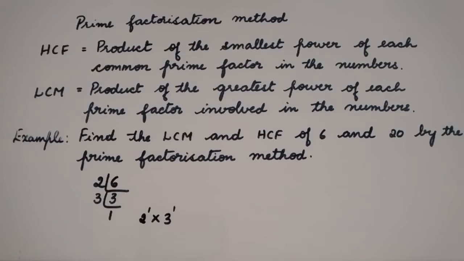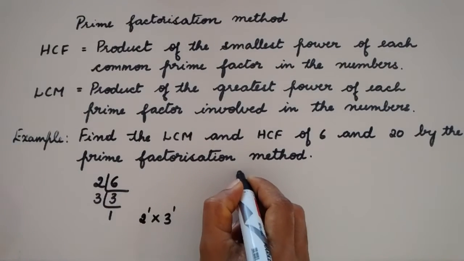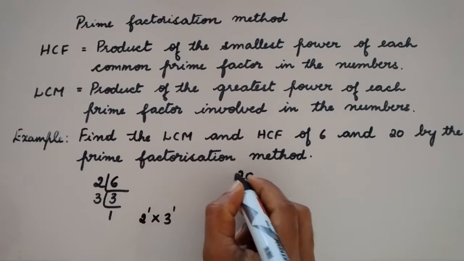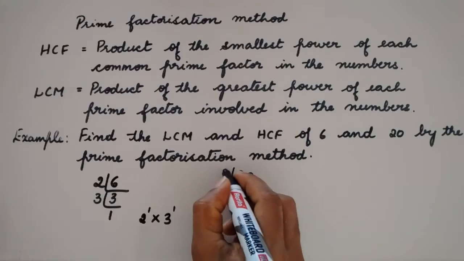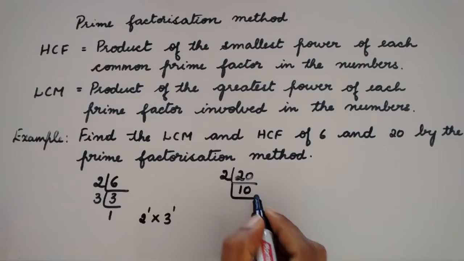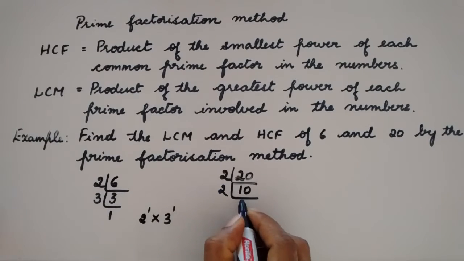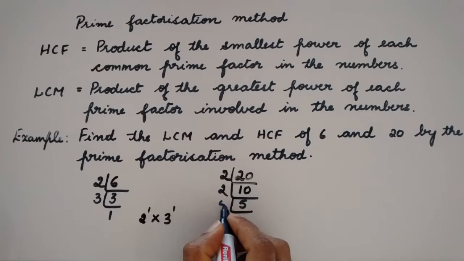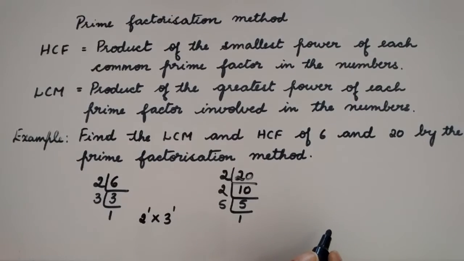Next, let us factorize 20. 2 10s are 20, 2 5s are 10 and 5 1s are 5.